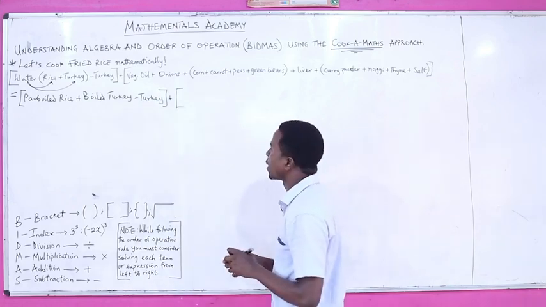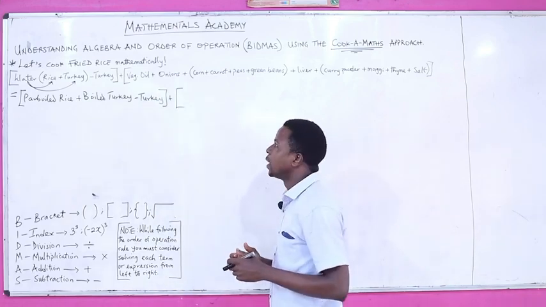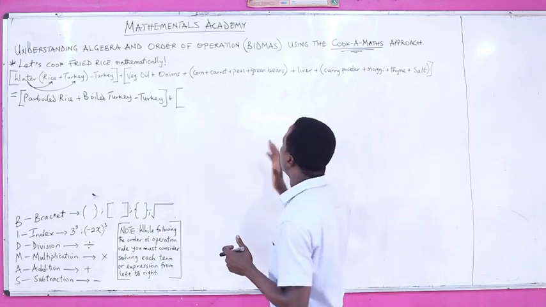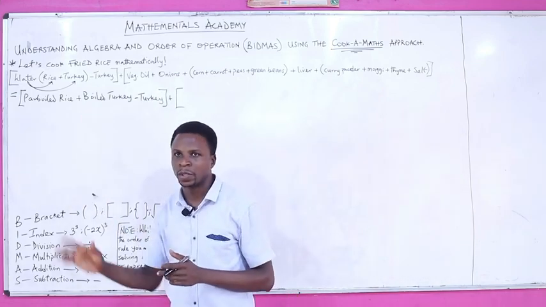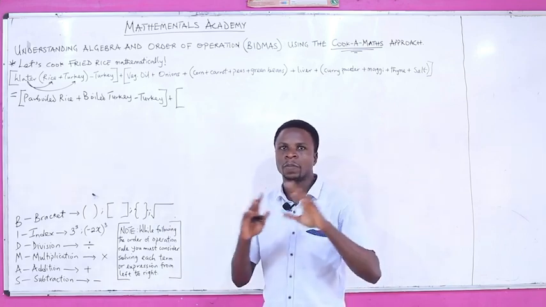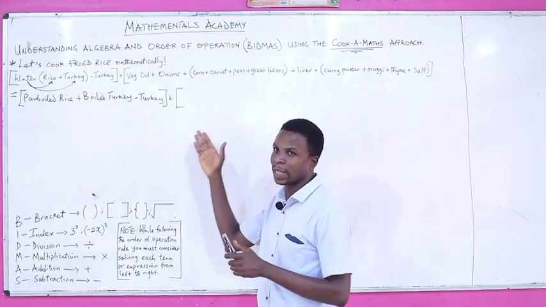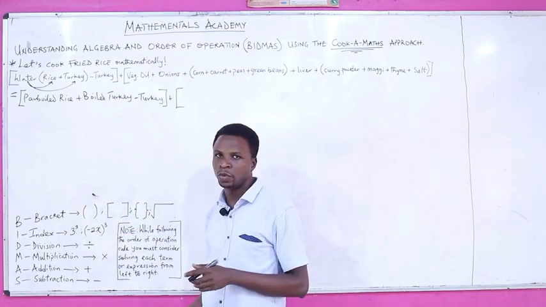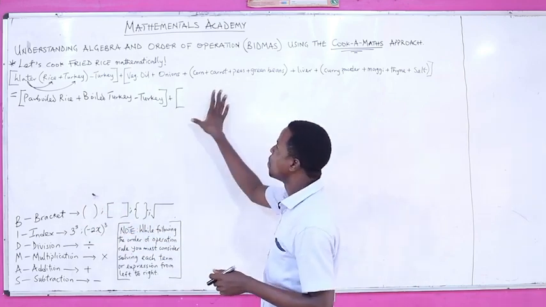Now one thing we should understand when solving algebra is that we don't have to add everything at once. There are sometimes that you will ignore some expressions or some things and work on others. Why? Because we are following the rule. And that is why I came up with cooking.